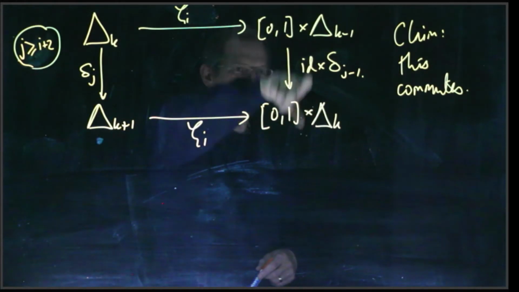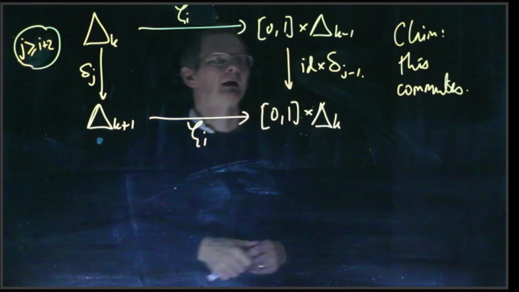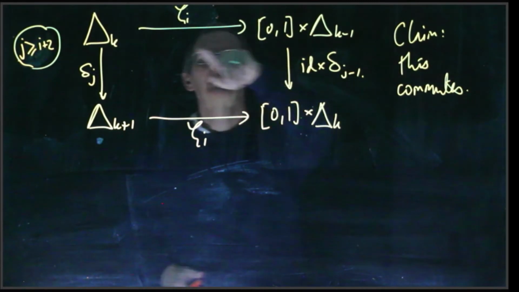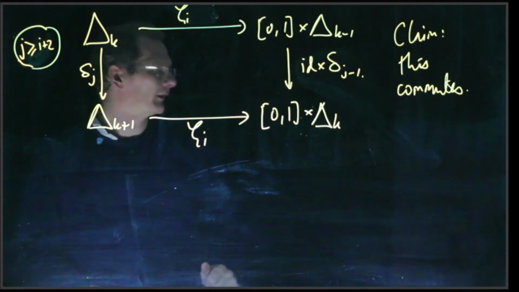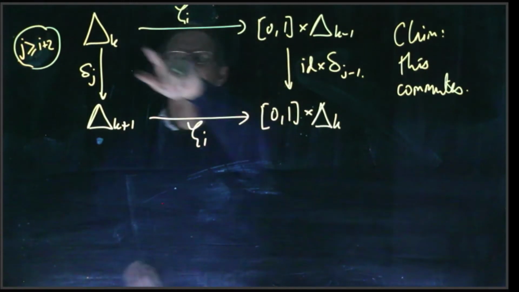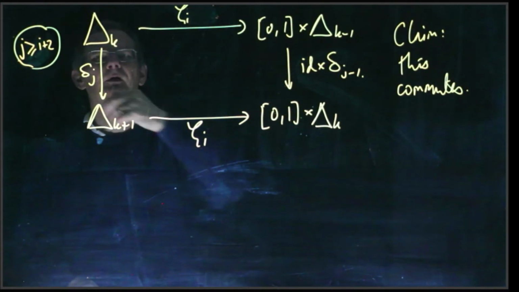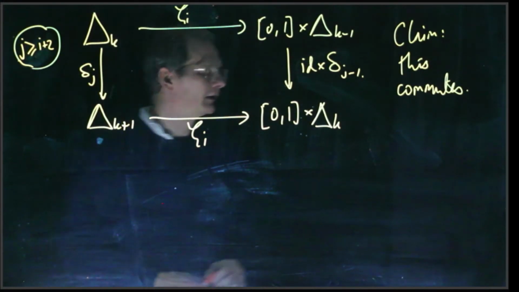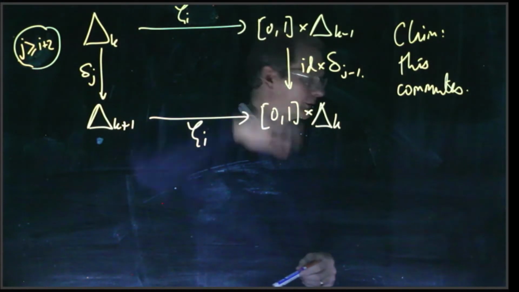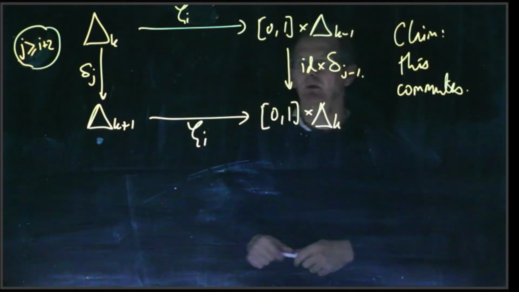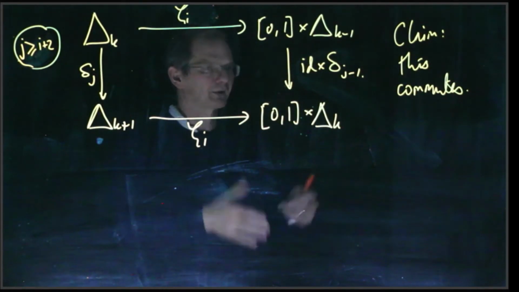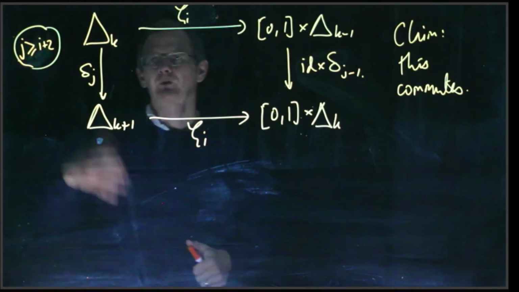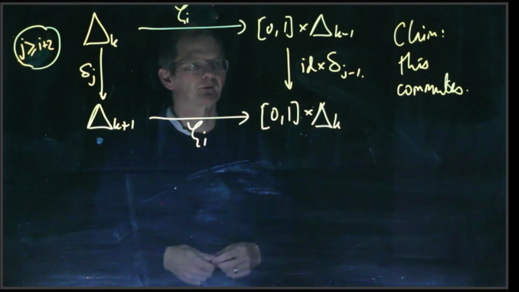This is giving us one of the walls of the prism, because of the delta J here. Each wall of the prism is a square, and this, depending on whether I is 0 or 1, is giving you one or the other of the two triangles into which we split that square. So everything coming out of this case is on the side walls of the prism, and that was the same for the previous case as well.